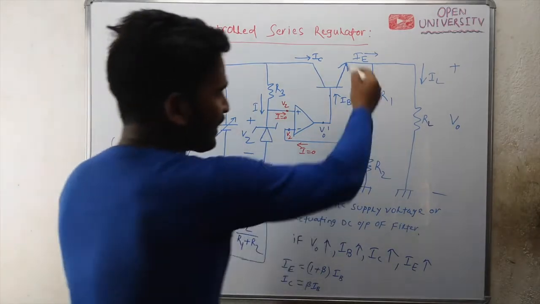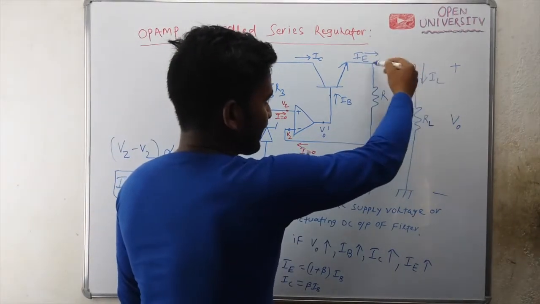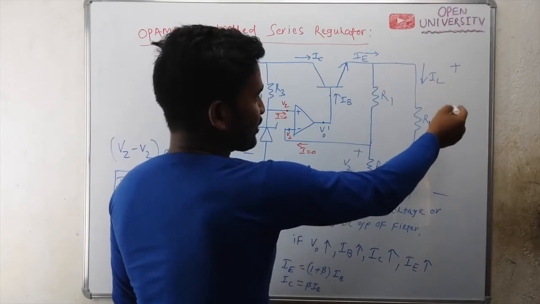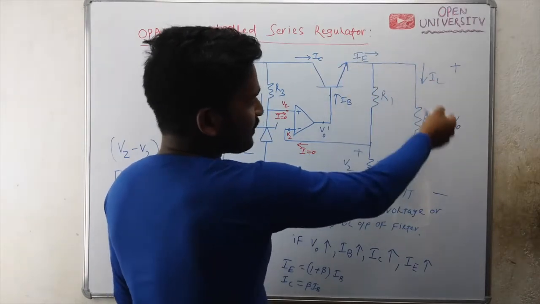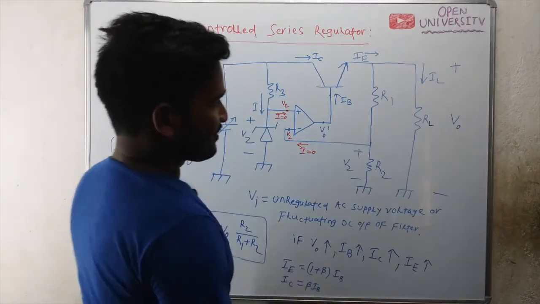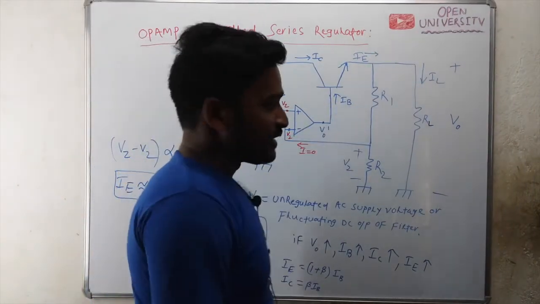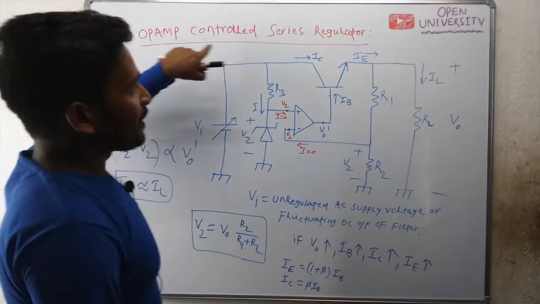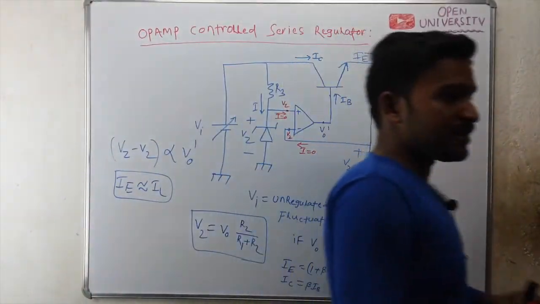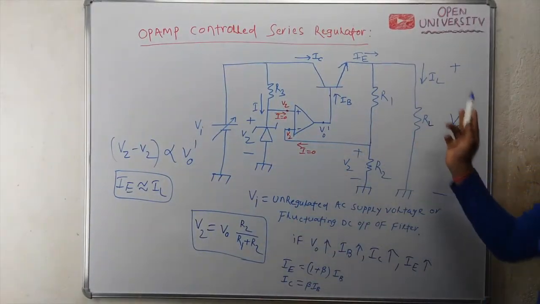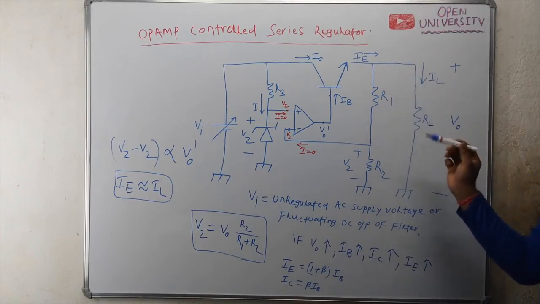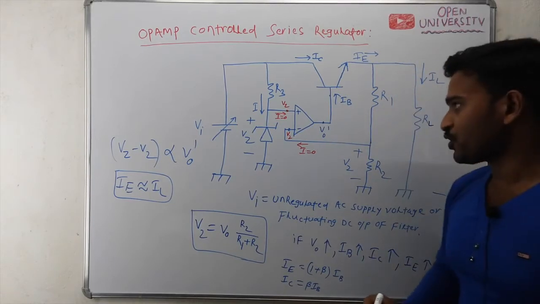If IE and IL are the same, the transistor and load are connected in series. That's why it is called an op-amp controlled series regulator, because the transistor and RL are connected in series.